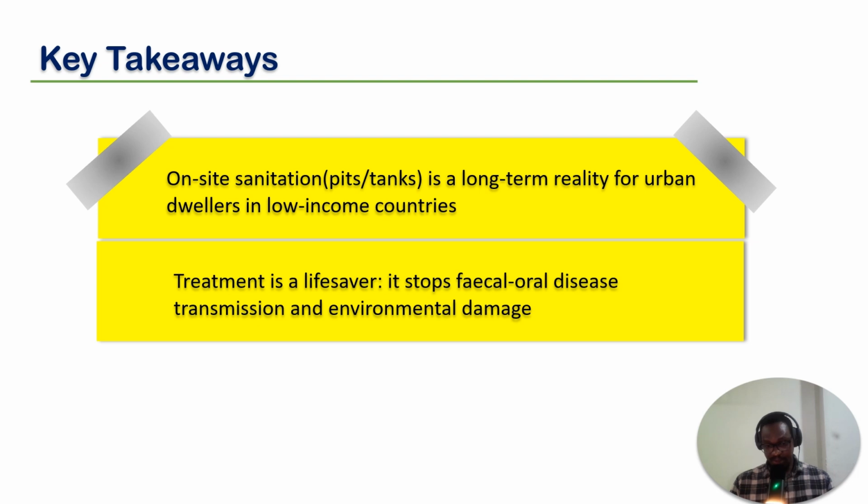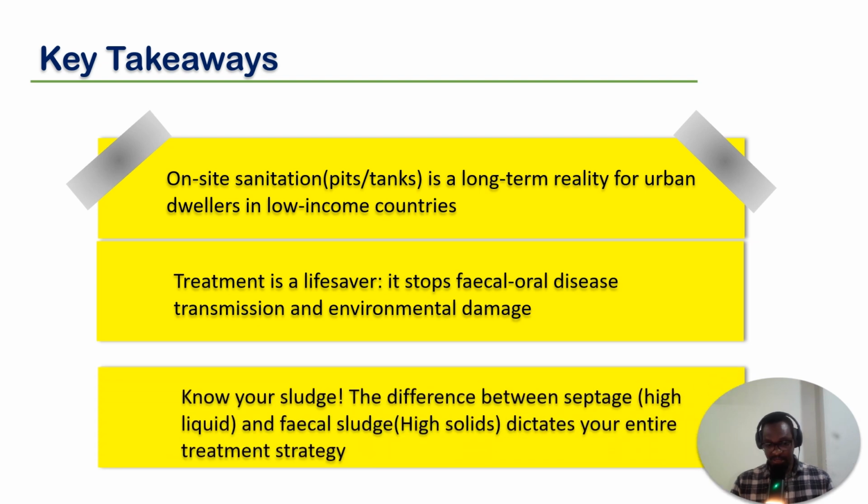2. We're looking at treatment objectives being met to stop the fecal-oral disease transmission route, because here we are trying to minimize having this fecal waste with a high pathogen load distributed into the environment with the likelihood of causing disease, like I earlier mentioned, things to do with cholera, dysentery, and typhoid, and also prevent environmental damage. 3.